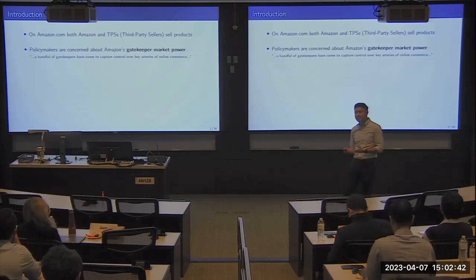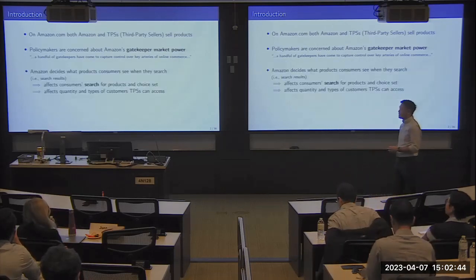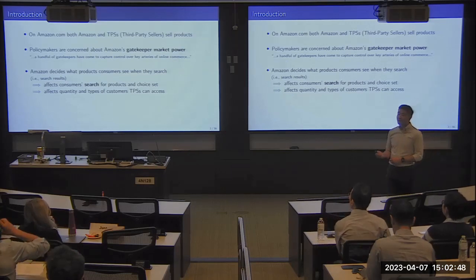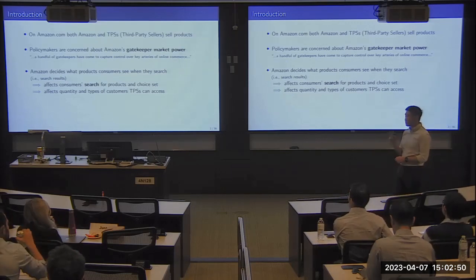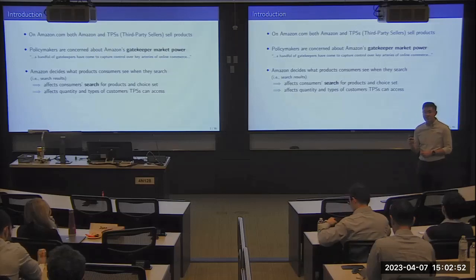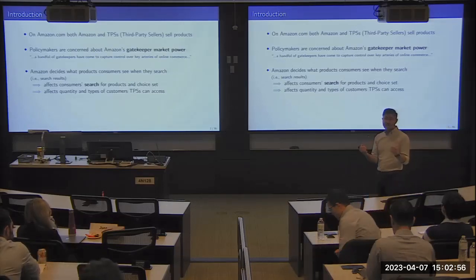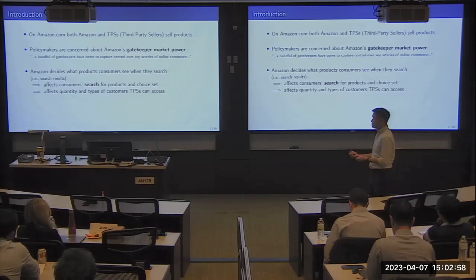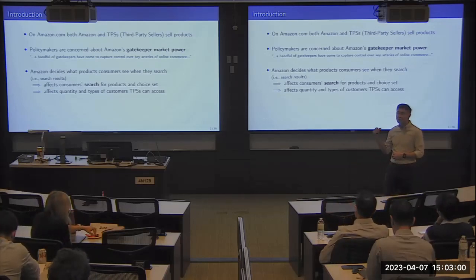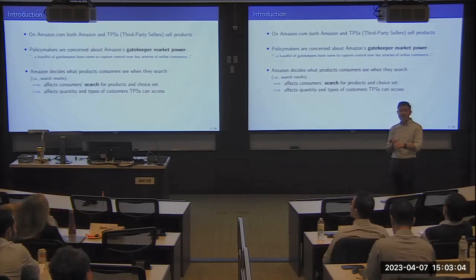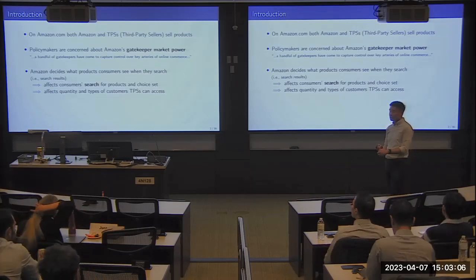So what is this gatekeeper market power in the context of this paper? Amazon is deciding what products consumers see when they search. This has two important effects. It's going to affect consumers' own search for products and what products they have to choose from eventually. But it's also really important for these small businesses because it's determining what types and how many customers they have access to.